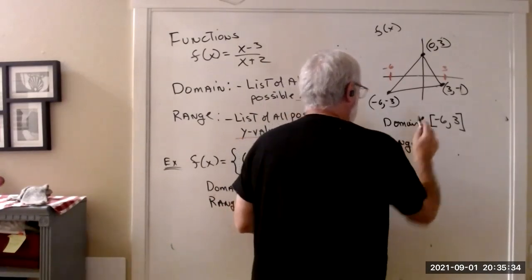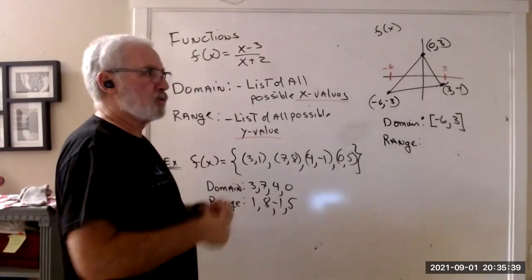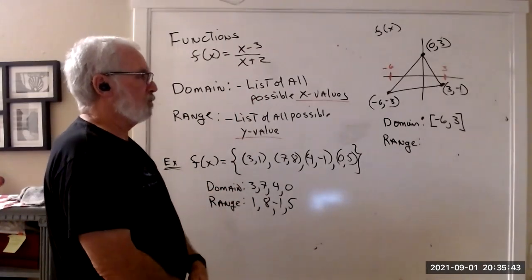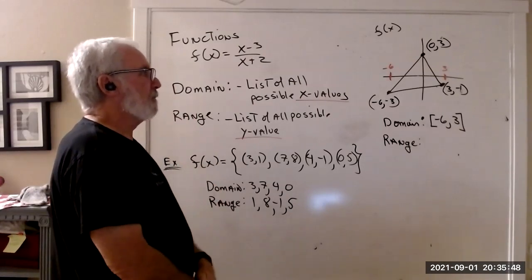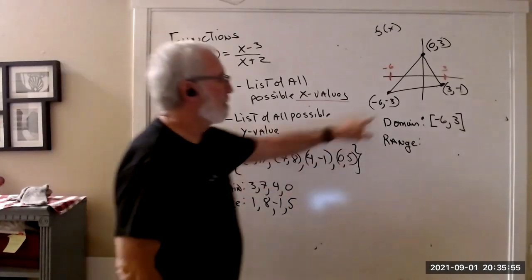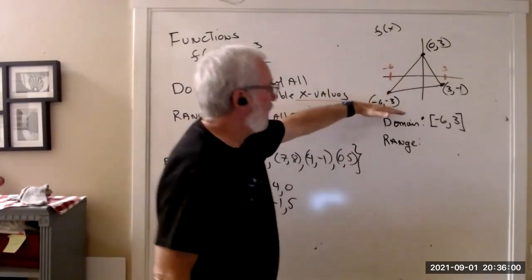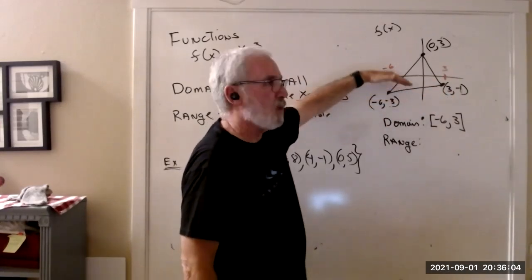Now, the range means all possible y values. So question, what's the lowest y value? -1. Nope. How about -3? Oh, yeah. That's the -3. Yes. And if we go up, we'll include the 1, but what's the highest y value? 3.